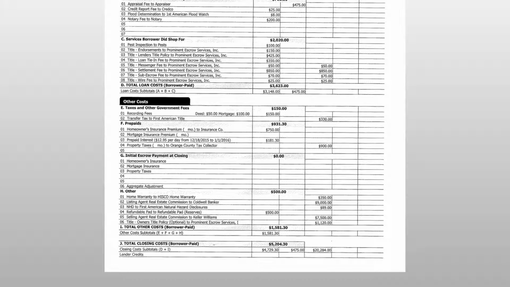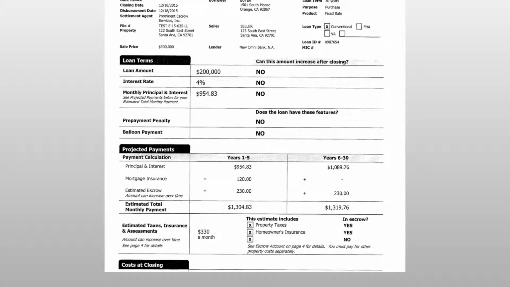Typically when people go to sell a home, they're behind perhaps a year unless they've paid the whole year at once. So let's just say that this is a half-year installment. That essentially means that he's paid from July 1st to December 31st, but he's only owned the home from July 1st to December 18th, the date of closing up here.